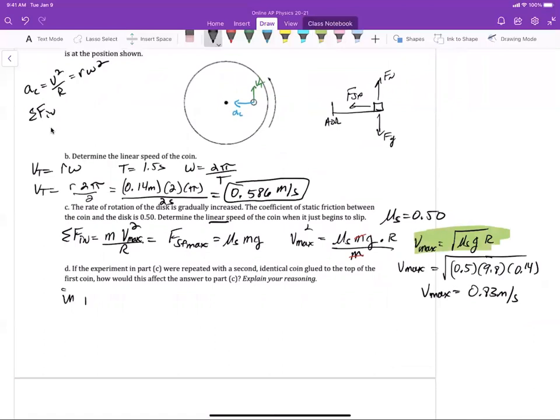In part C, we found V max equal to the square root of mu s times g times r.